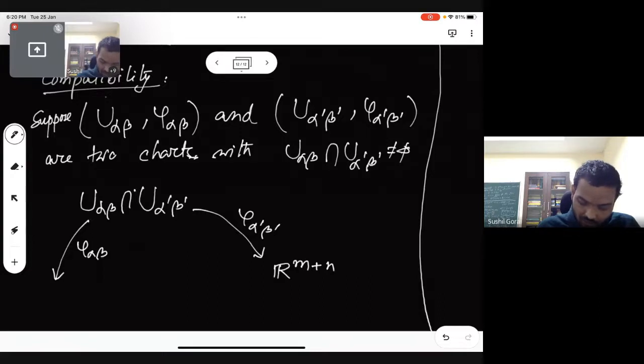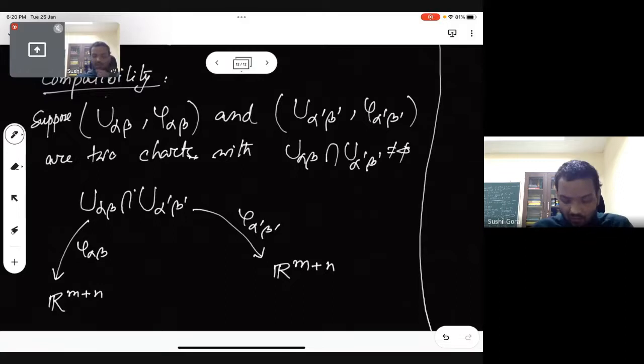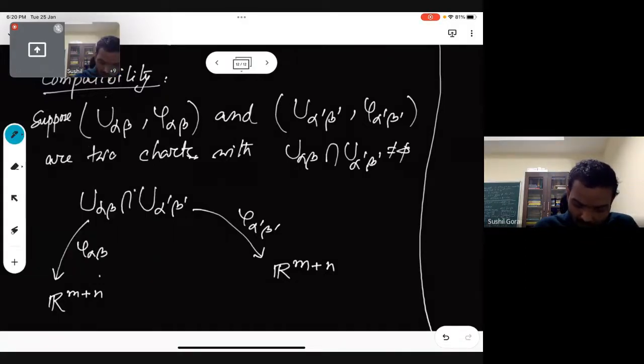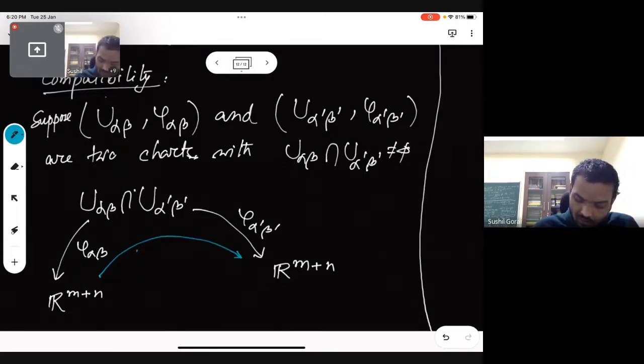This is also taken in R^(m+n). Now we want to look at first this map, which is psi alpha prime beta prime compose psi alpha beta.